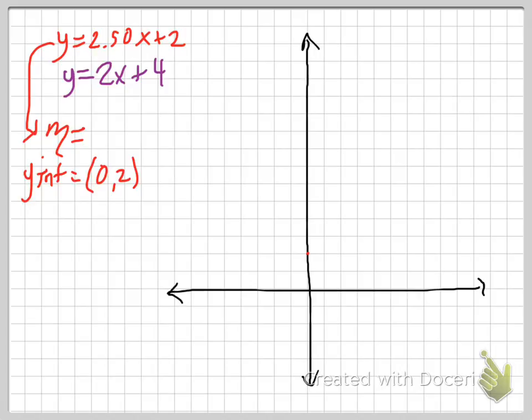That's going to be hard to think about, going up 2.5 over 1. So I'm going to turn that into a fraction. 2.5 is the same thing as 5 over 2. That's going to allow me to go up 5 and over 2, which is way easier than trying to deal with halves. So 1, 2, 3, 4, 5, 1, 2. 1, 2, 3, 4, 5, 1, 2.